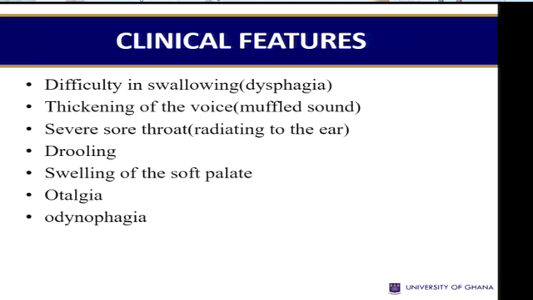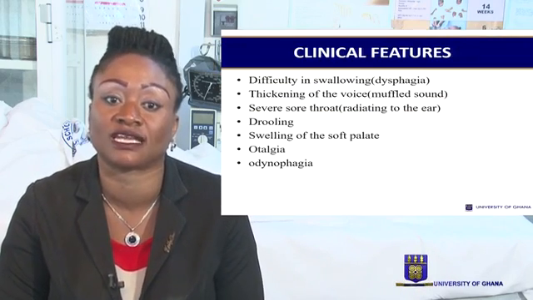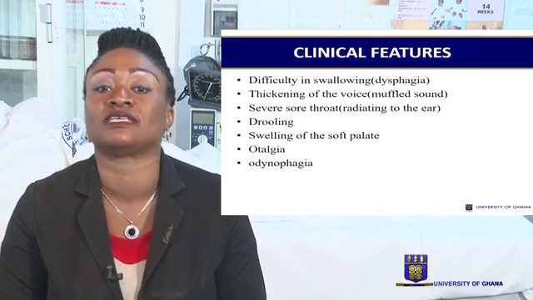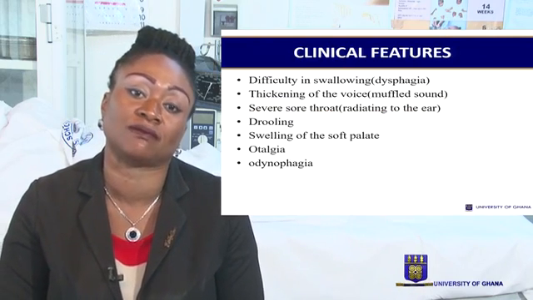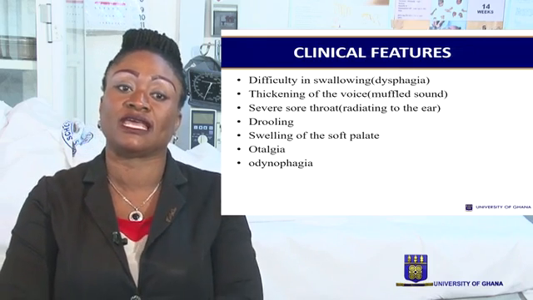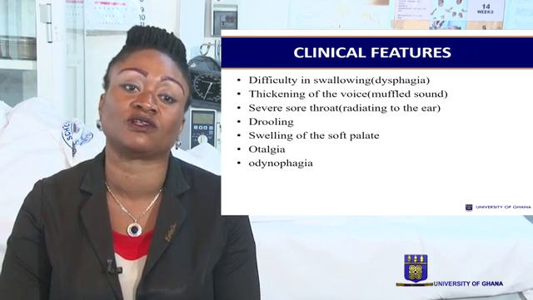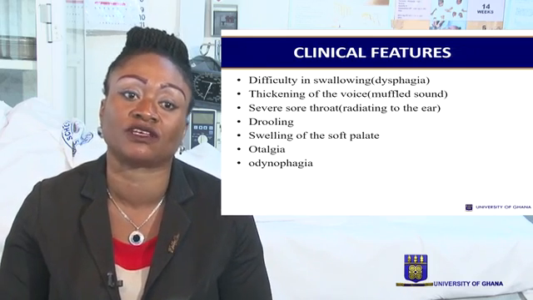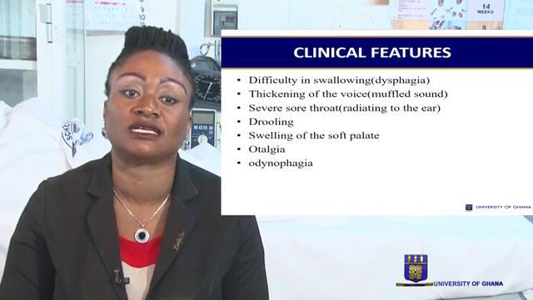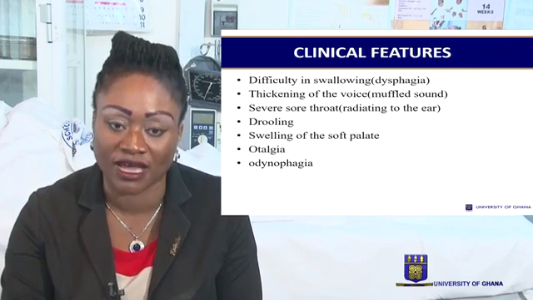It presents as difficulty in swallowing or dysphagia, and the voice is muffled. There is a severe sore throat radiating to the ear. There may be drooling because the patient has difficulty swallowing, swelling of the soft palate, otalgia, and odynophagia.